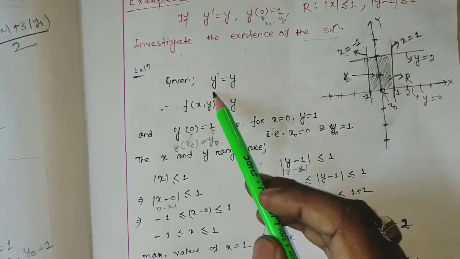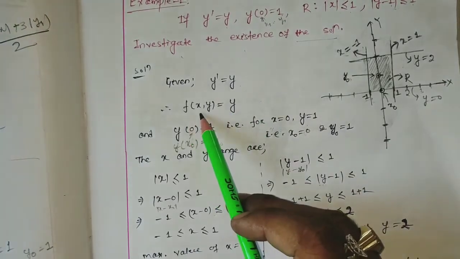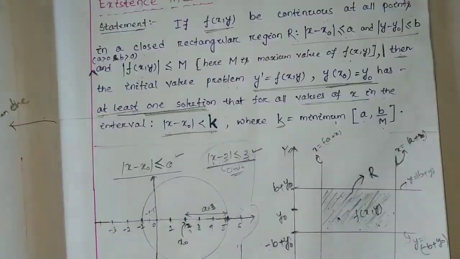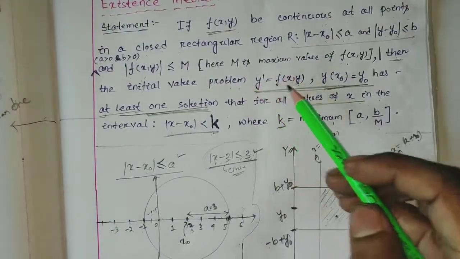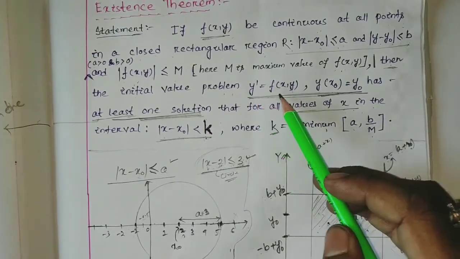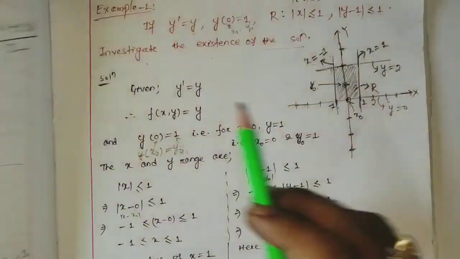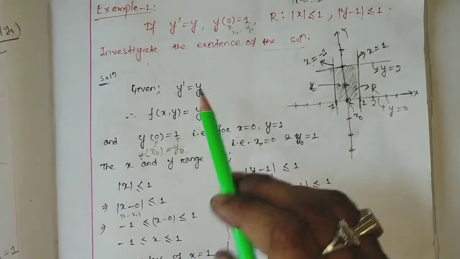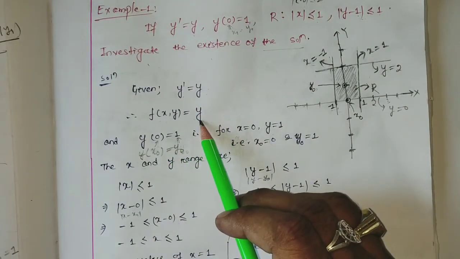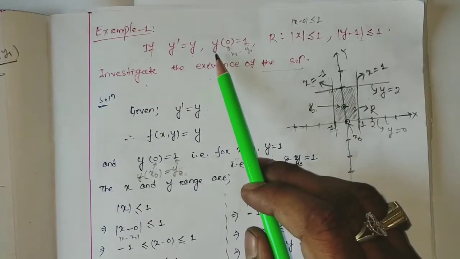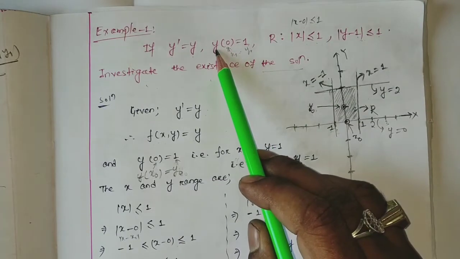Given that y' = y, that means f(x, y) = y. Here y' will be considered, according to the theorem, as f(x, y). So y' = y, that means f(x, y) = y. And from the initial value, it is given that y(0) = 1.